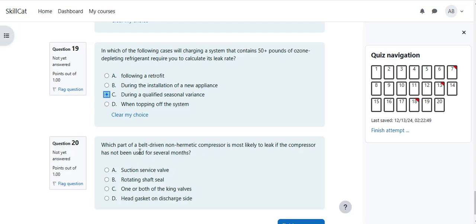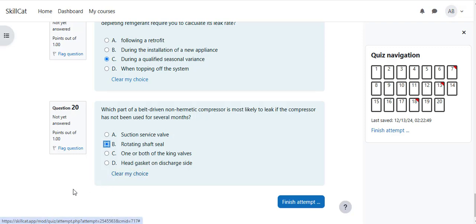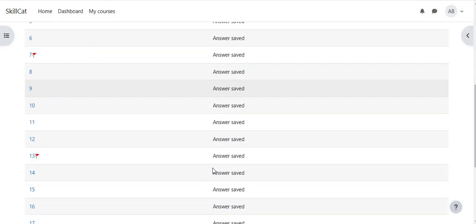Which part of belt-driven non-hermetic compressor is most likely to leak if the compressor has not been used for several months? Okay, suction service, rotating shaft seal. It might be leak. Okay, we answered all.